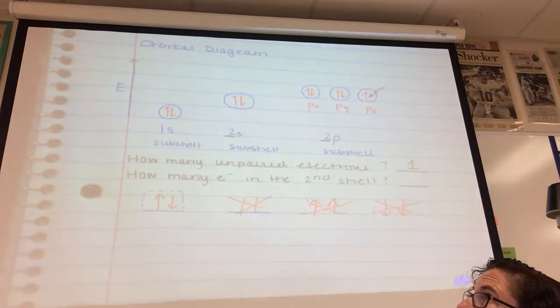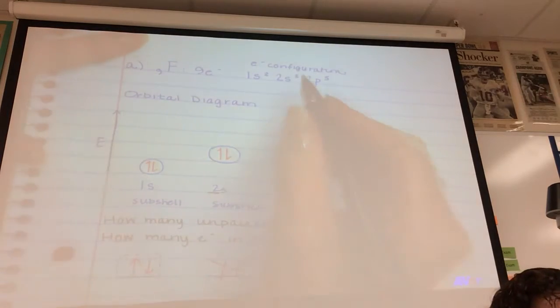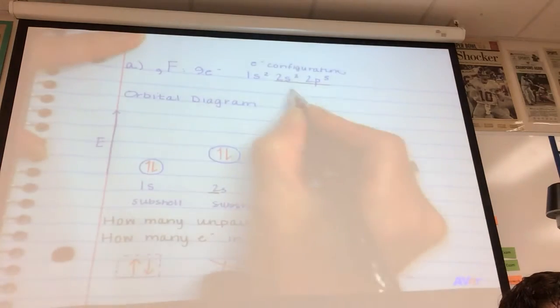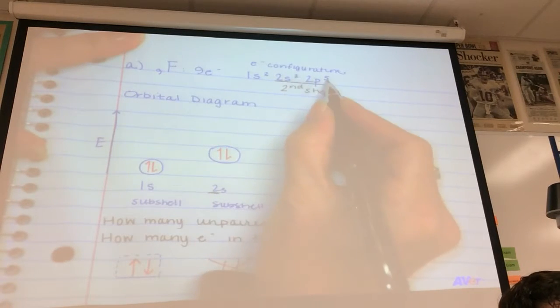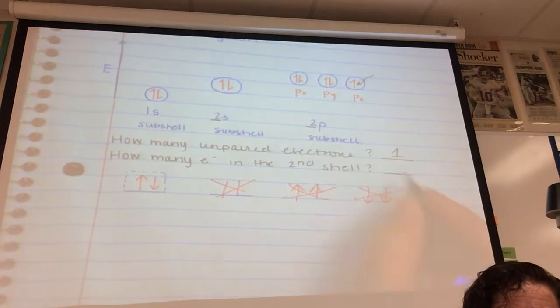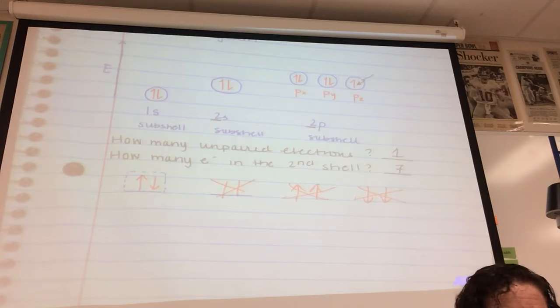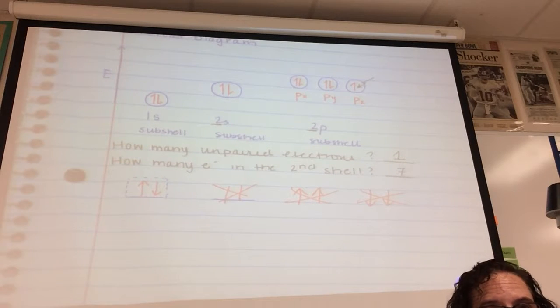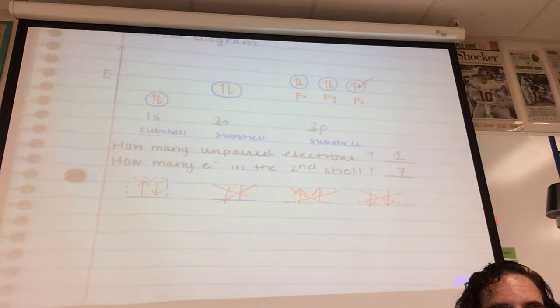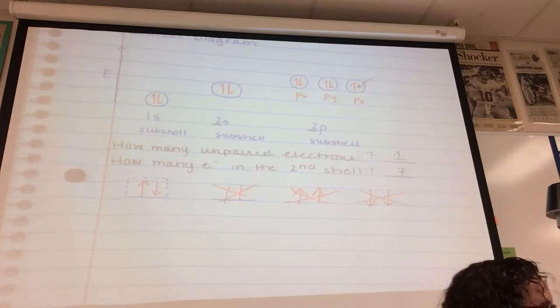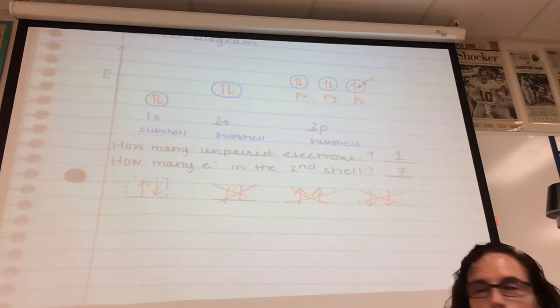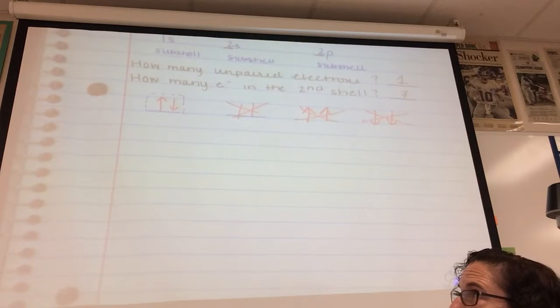So you could even look up here, and how many electrons in the second shell? 7 is correct. We're going to do a lot of this, so don't worry. It's really kind of fun. Let's do another one. Are you with me? Alrighty.